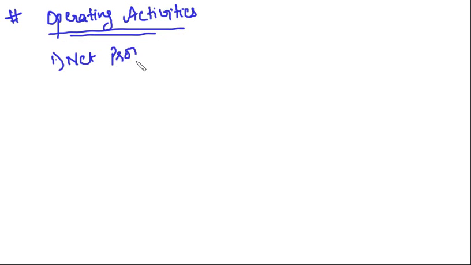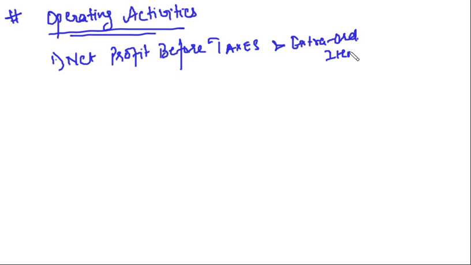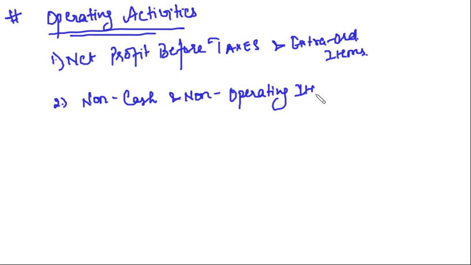Operating activities. What are the major items in operating activities? The first item we require is net profit before taxes and extraordinary items. Clear, friends? The second thing we need is non-cash and non-operating items.